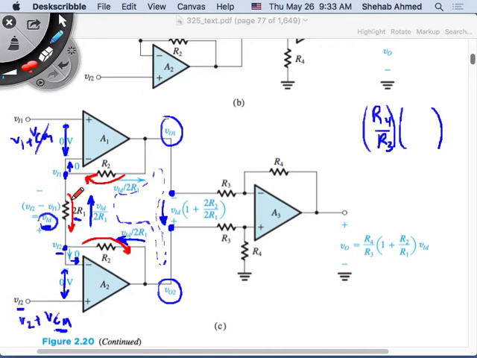And the voltage drop across this resistor is VID over 2R1 times 2R1. So the 2R1s cancel, and I'm only left with VID.